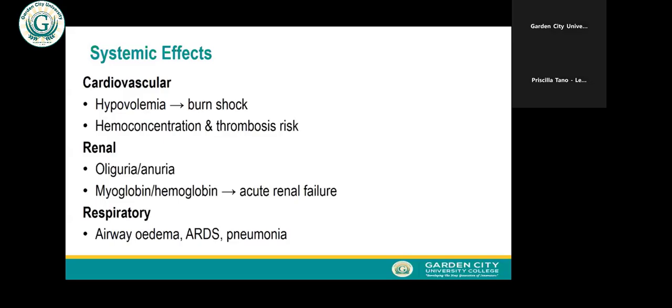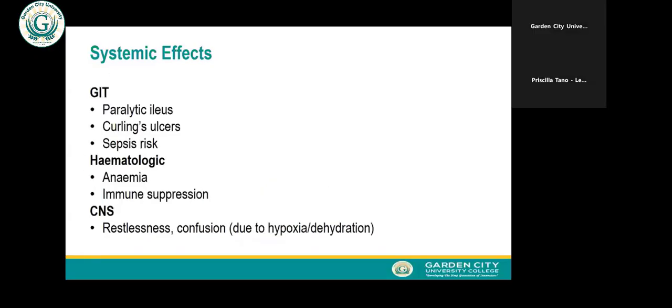And then they also would get what? Acute respiratory distress or acute lung injury as well. And then leading to what? Respiratory failure, pneumonia as well, chest infections can all come in here. That's okay. Now we have the GIT. What will happen to the patient's GIT system? Paralytic ileus. I'm sure we've met paralytic ileus before, so we know what will happen.